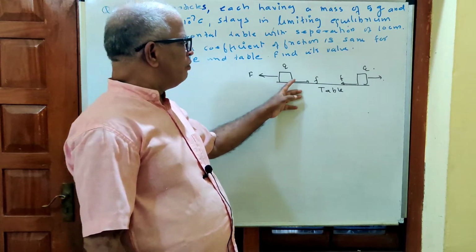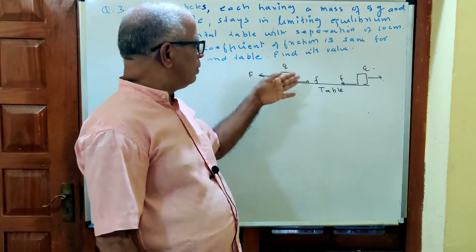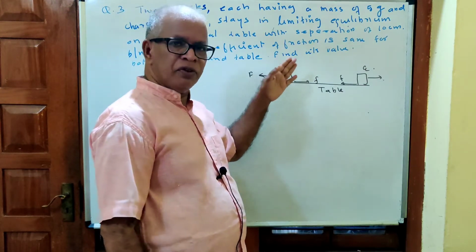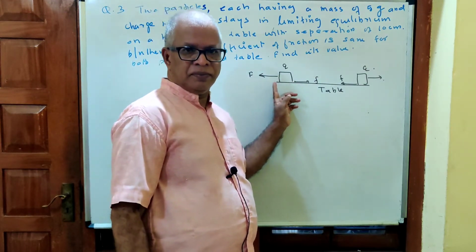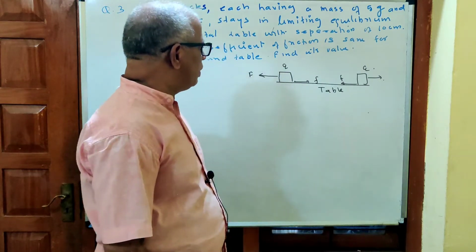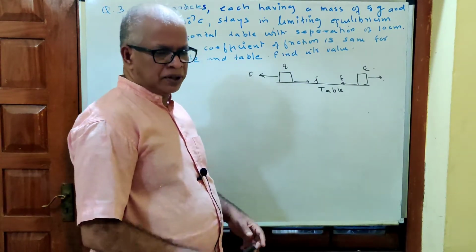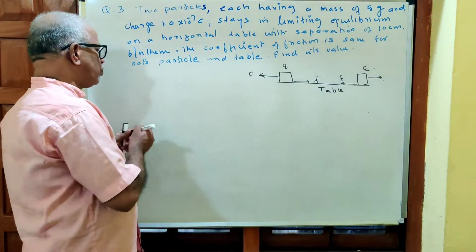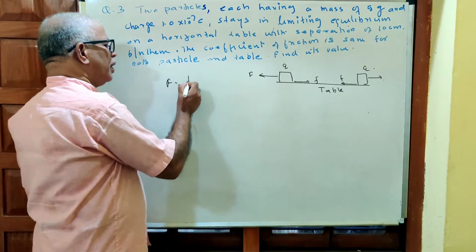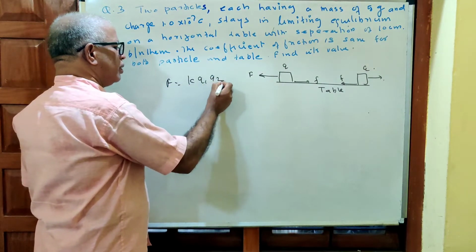So friction force opposes them. Here the limiting friction force balances the repulsive force. Since equilibrium is limiting, F must be limiting friction. F is equal to K Q1 Q2 by r square.